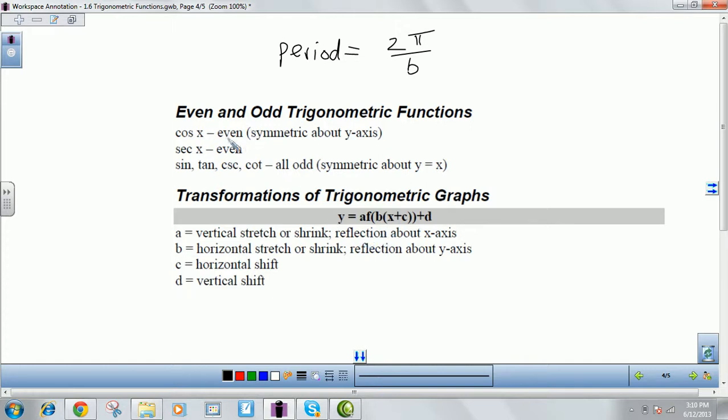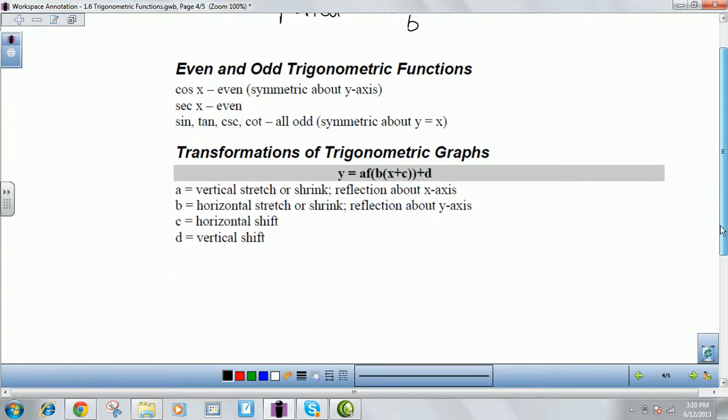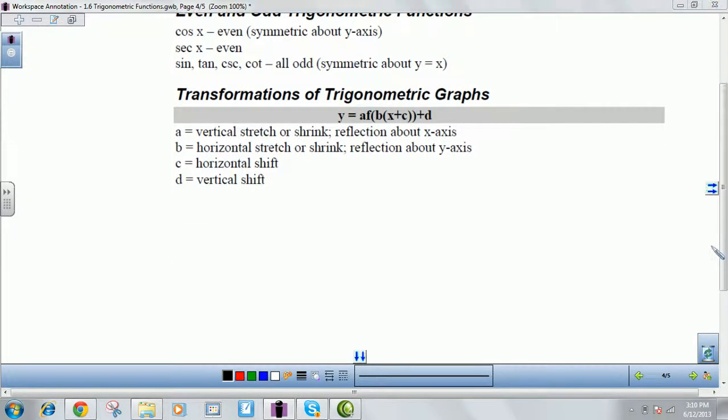Even and odd: cosine is even, secant is even, all of the other ones are odd. If you look at the graph, you can tell which ones are in fact even and which are odd. I would probably sketch these 6 trigonometric graphs on your toolkit, make them pretty small, so you can glance at them quickly if you need to.